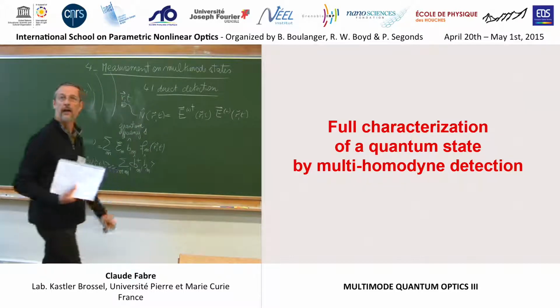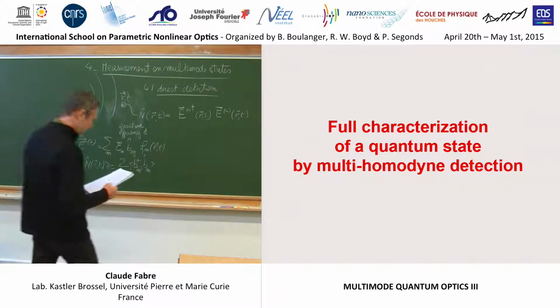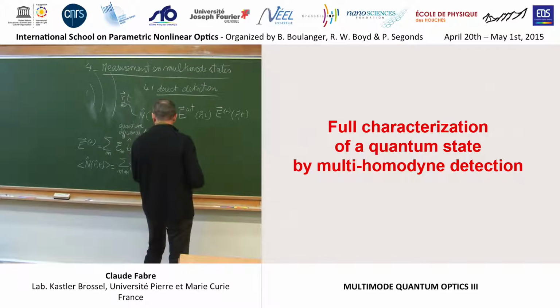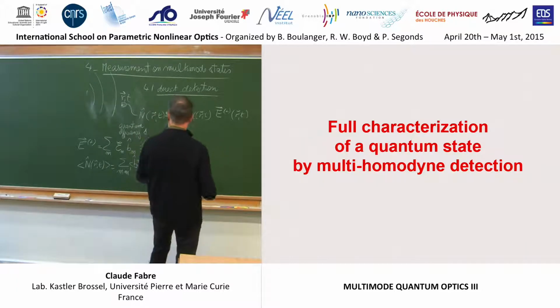in the quantum mean here, and F conjugate m prime of R and t, F_m of R and t.